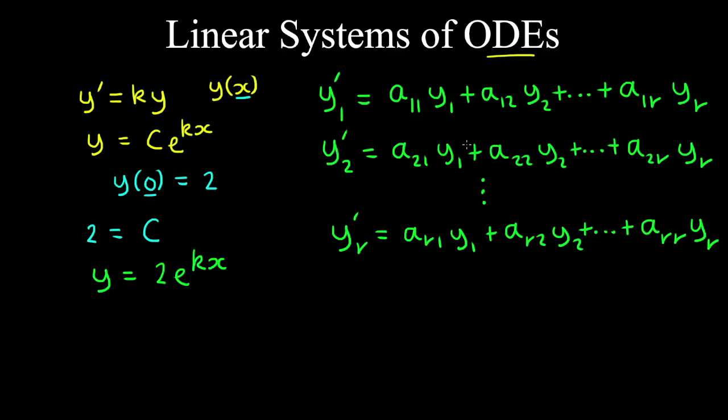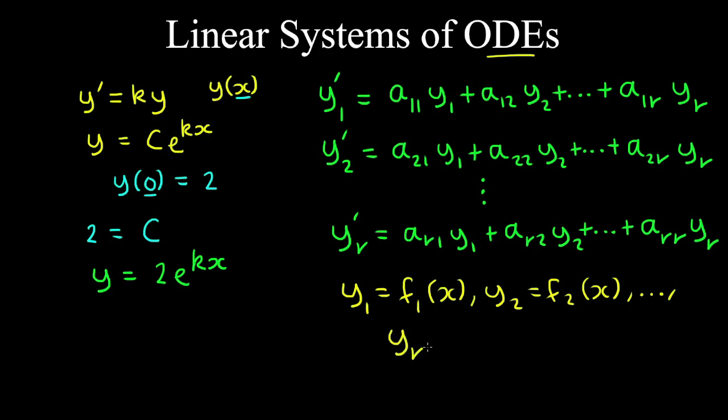So when solving this system, the functions to be determined are y1 being some function of x, y2 being another function of x, and so on up to yr being another function of x.